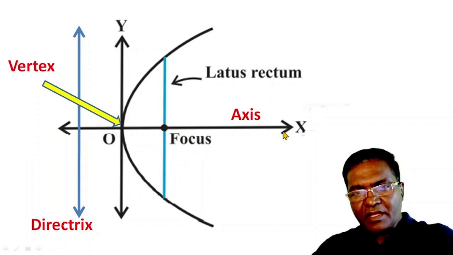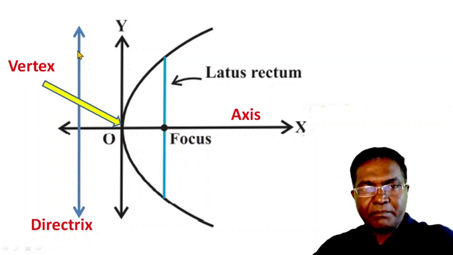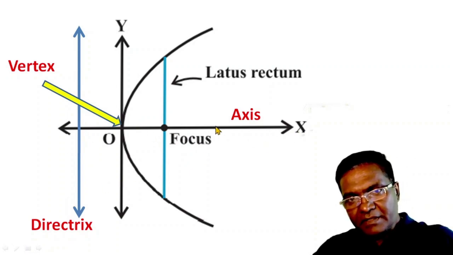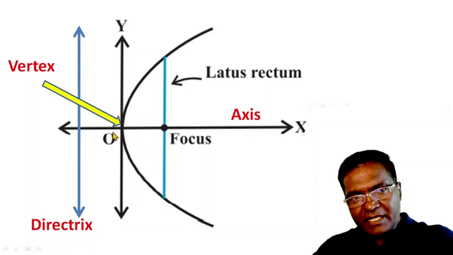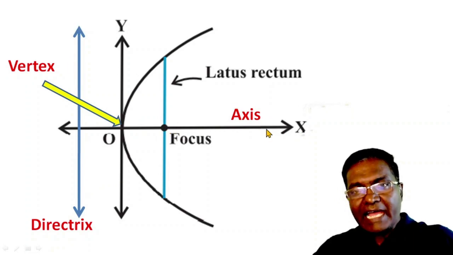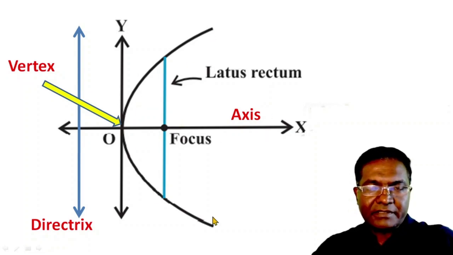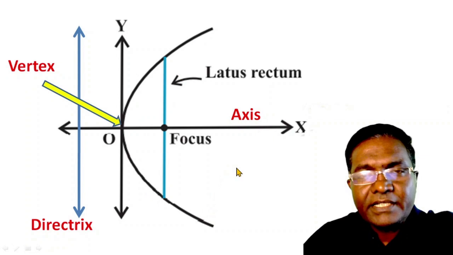Now see here, a line passing through the focus and perpendicular to the directrix is called the axis or symmetrical axis of the parabola. Once again, I will repeat, very important.